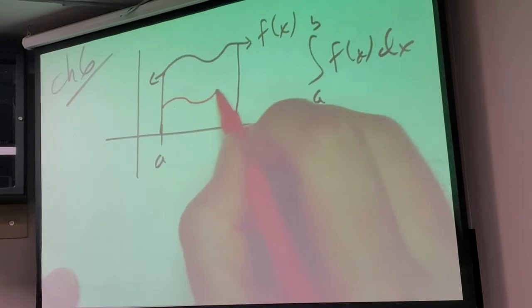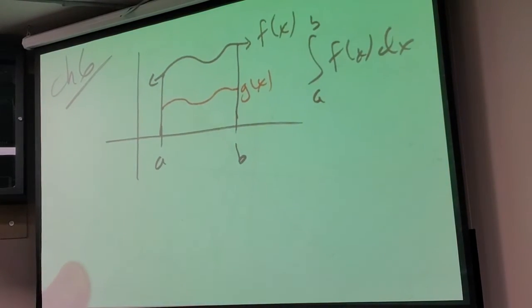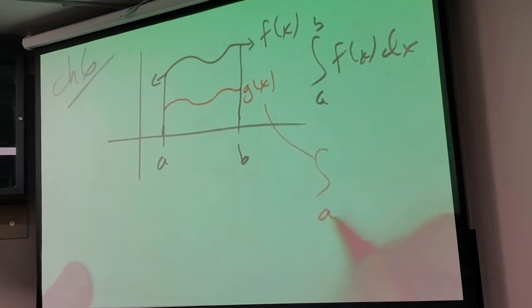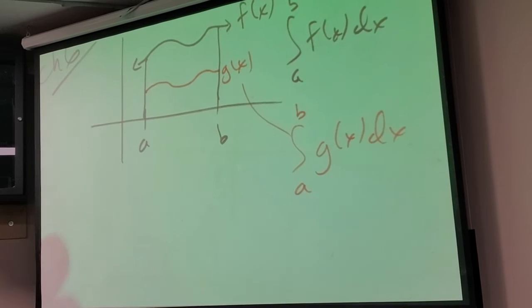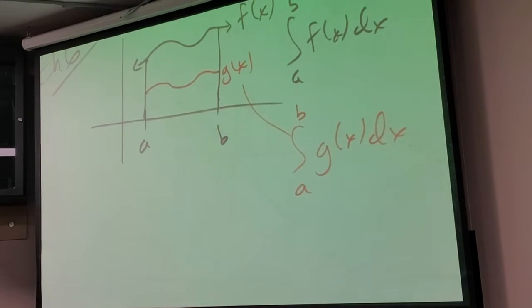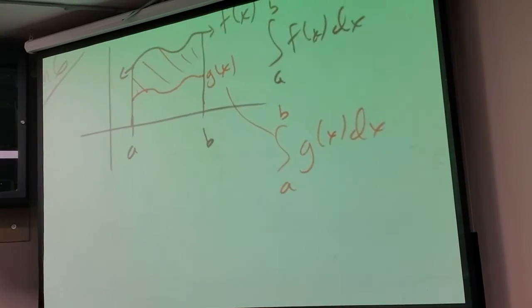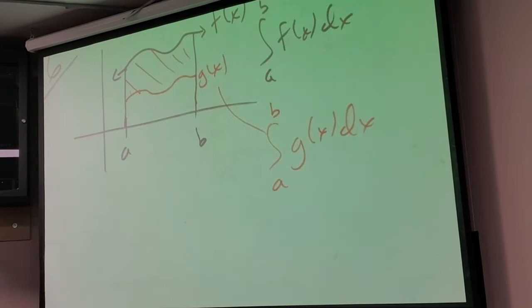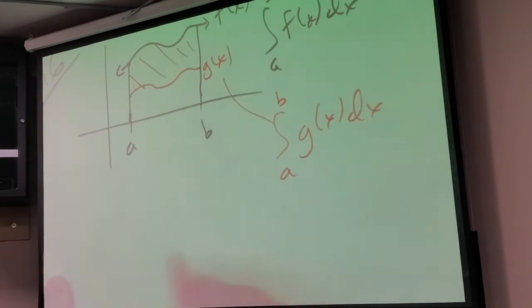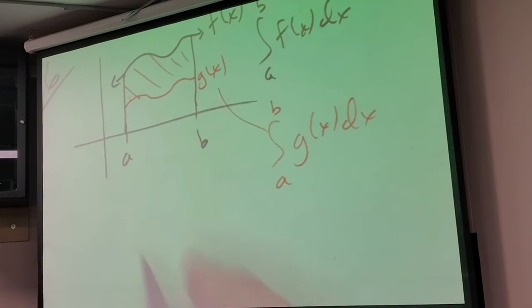What if I had another function? This would represent the area between g and the x-axis. How do I then get just this area? It's basically something we were just talking about. Yeah. So I would subtract these two integrals.